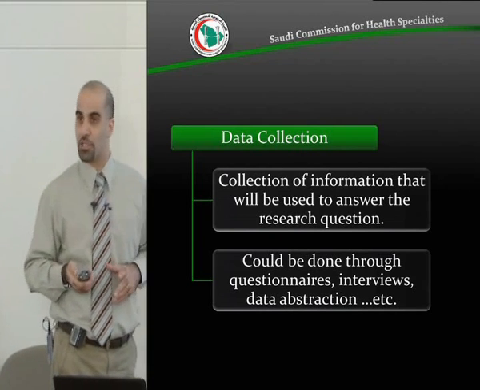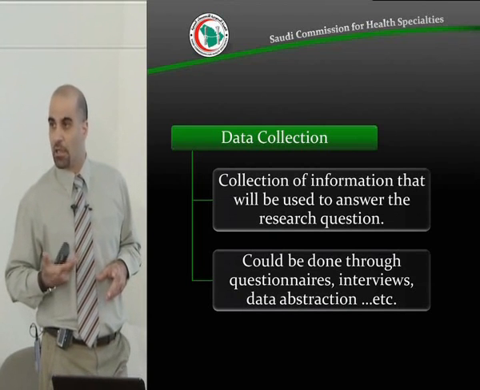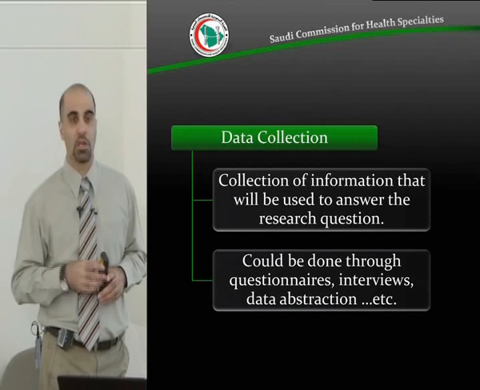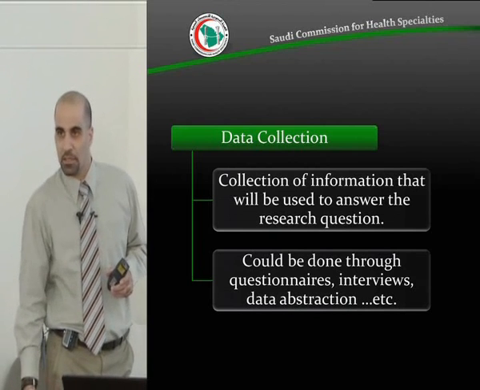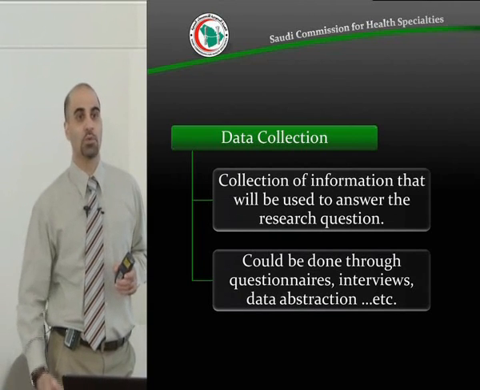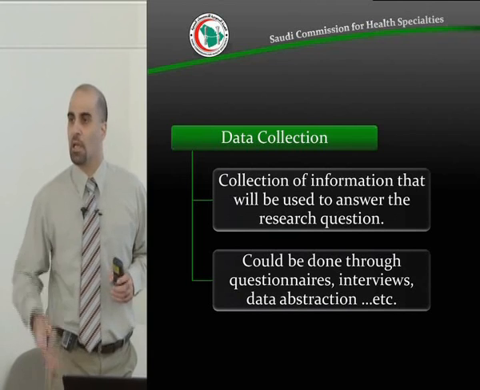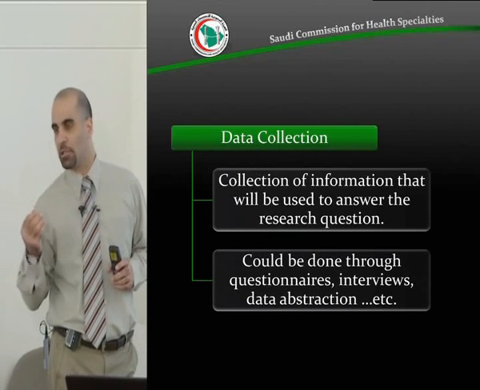Even to structure a questionnaire is not very straightforward. You have to make sure that the questionnaire is developed in a proper way, it is tested, it's piloted, and so on and so forth. It's better to use validated questionnaires. What do we mean? There are some questionnaires that have been validated in different populations.